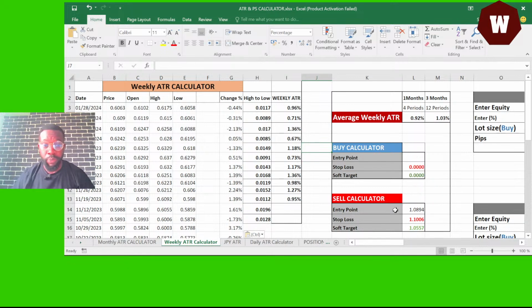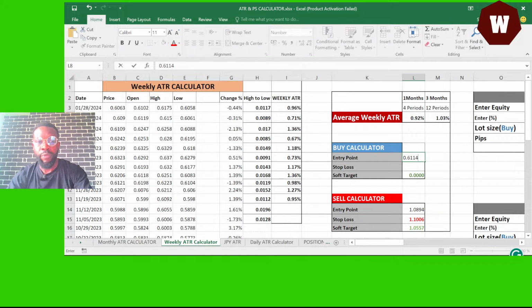Okay, so our entry point for a sell is at 0.6114.